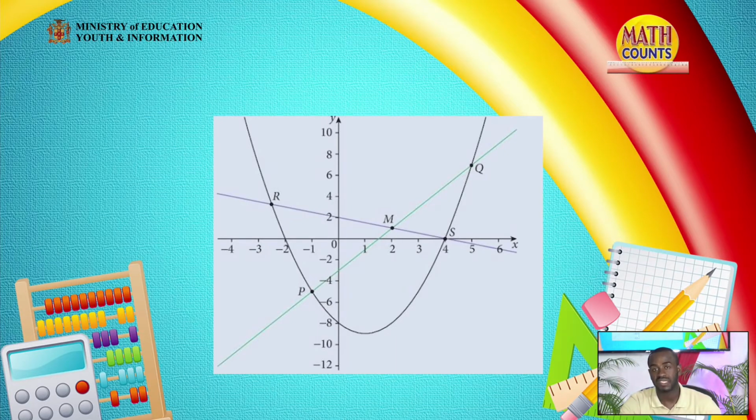There are two different scales used on both axes. So that is why they are looking like this. But indeed, they are perpendicular, and to prove that they are perpendicular, remember that the product of their gradients should be equal to negative 1.